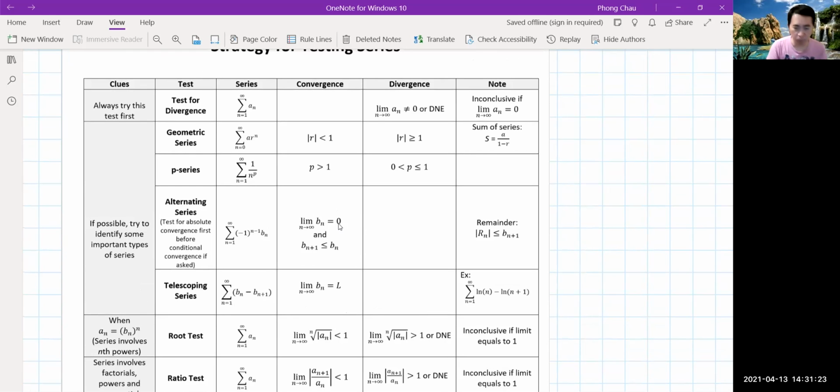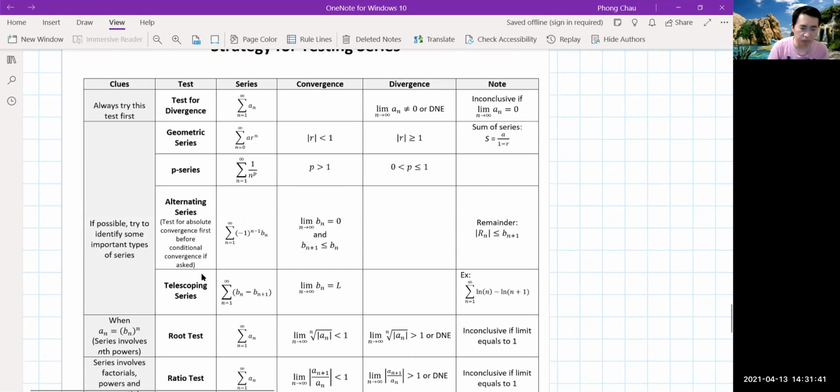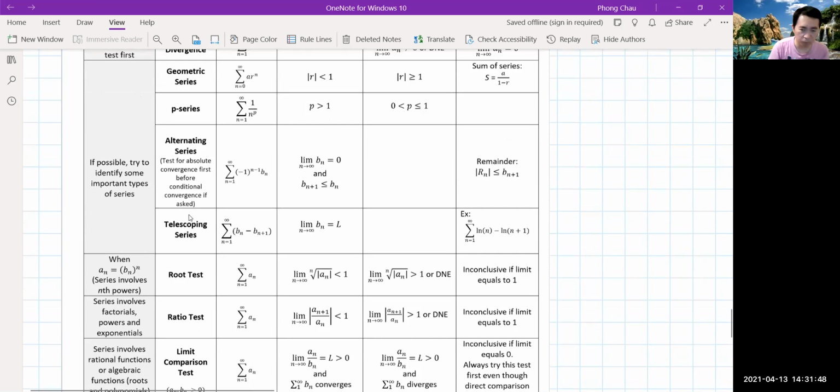If that's equal to 0, and if b sub n plus 1 is less than or equal to b sub n, or the sequence is decreasing, then the series converges. Okay, we can ignore that, remember he did not cover that. And the next one is the telescoping series, right? The telescoping series is the one where we do partial fractions and split into the form b sub n minus b sub n plus 1. Okay, so that one we use the definition.